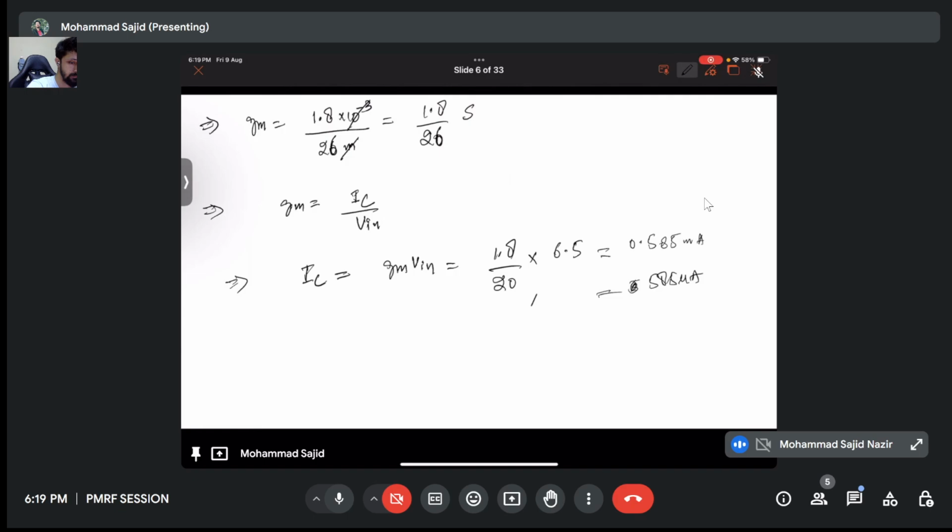Thanks for pointing this out. 1.8 divided by 26, multiply by 6.5. So this is exactly 450 microampere. Yes.